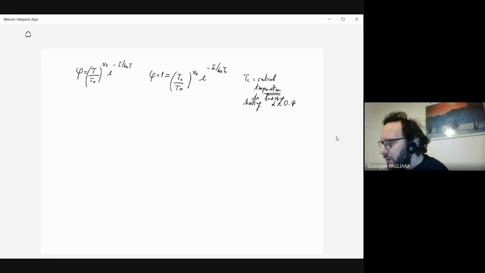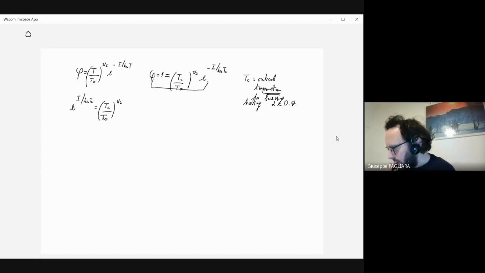So let's see what to do. Here you have that the exponential of I divided by kBTc is equal to Tc divided by T0 to the power of 3/2, where I'm using this equation. Let's take the log of this.